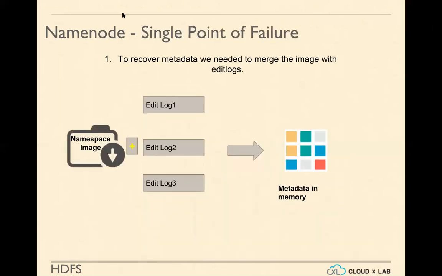Since the name node is a single point of failure, it's important to keep the data on disk. In case it fails, at least we have something on disk, because if something shuts down, everything in memory gets cleared. The namespace image plus the edit logs can be combined in case of failures, and we can recover the metadata.